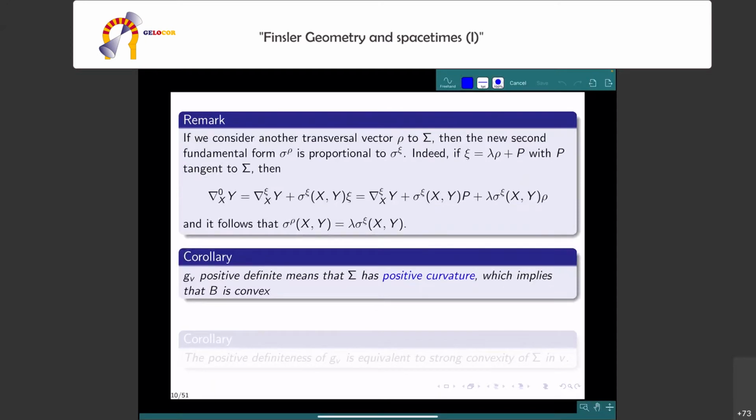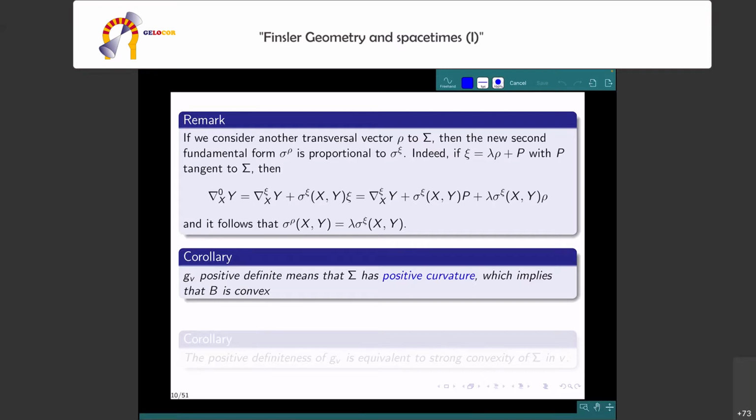Consequences of this. We are assuming that in the Minkowski norm the fundamental tensor is positive definite, and we know that it is the second fundamental form associated with the transversal vector. So when we consider the Euclidean orthogonal vector, the orthogonal vector to the surface, we obtain the Euclidean second fundamental form, but it's proportional, so it has to be definite, since lambda can be negative.